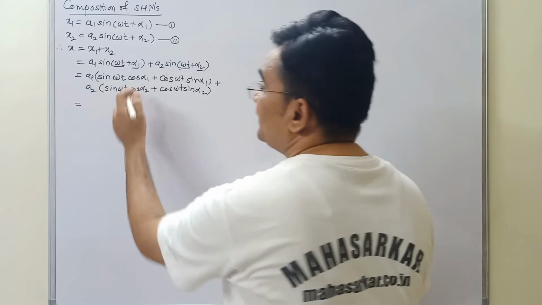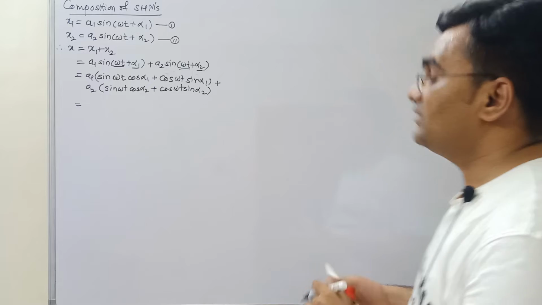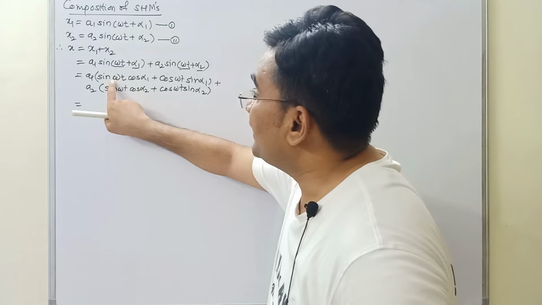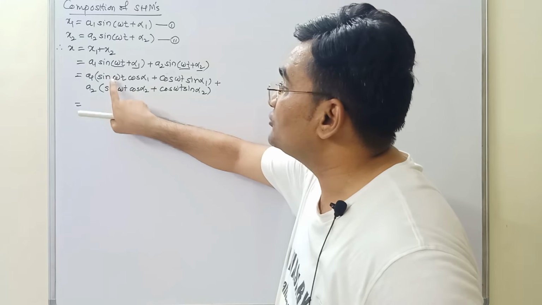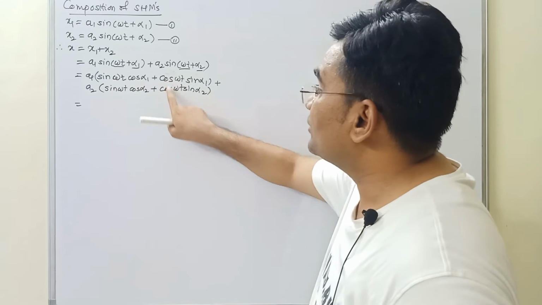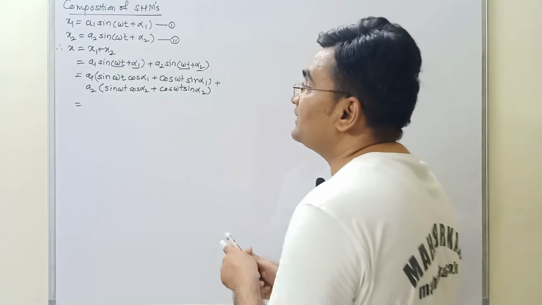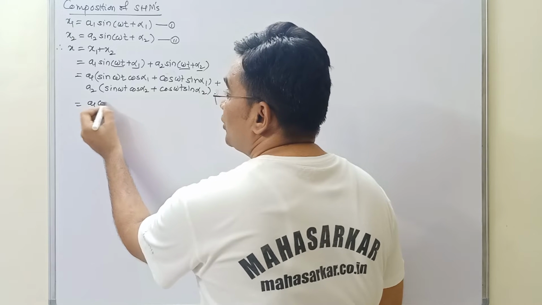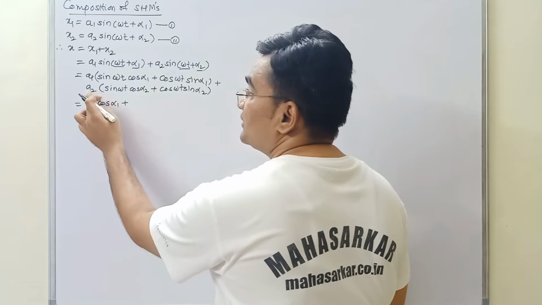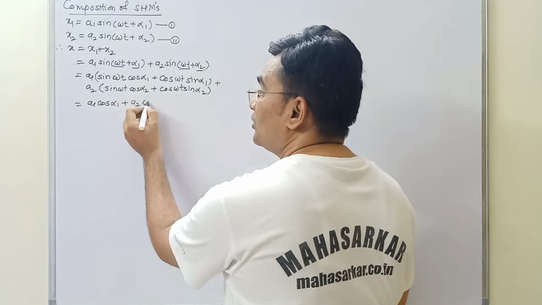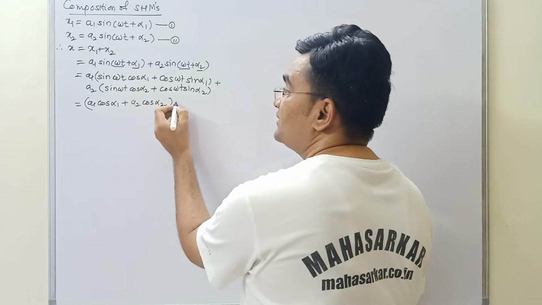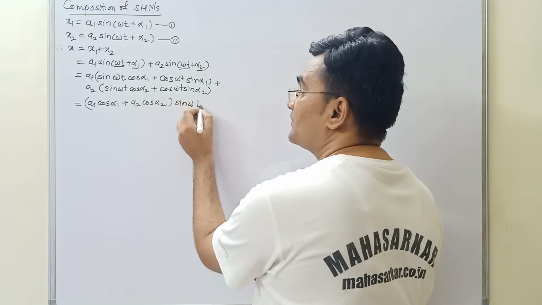If I take a1 and a2 in brackets, then as you can see, a1 sin omega t and a2 sin omega t, so sin omega t will be common, and here cos omega t will be common. So I will write those terms separately: a1 cos alpha 1 plus a2 cos alpha 2 is common with sin omega t.